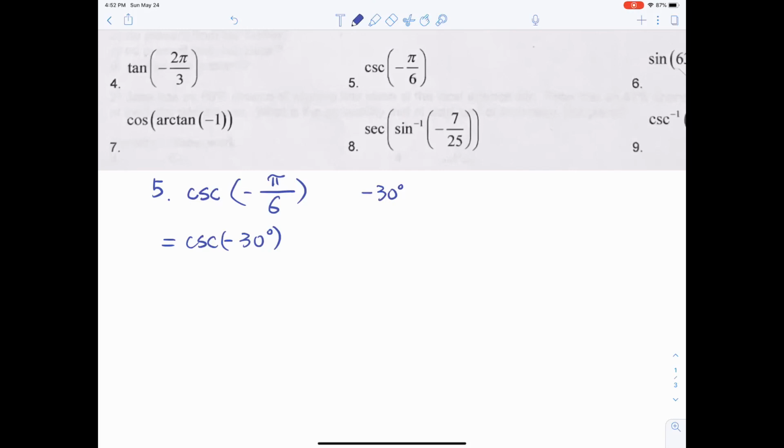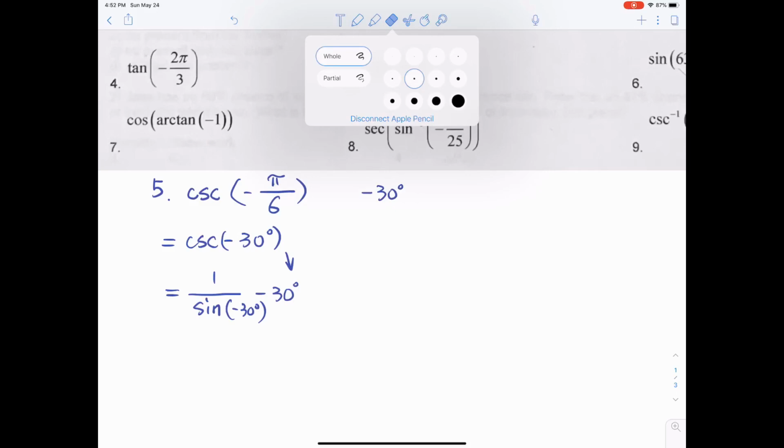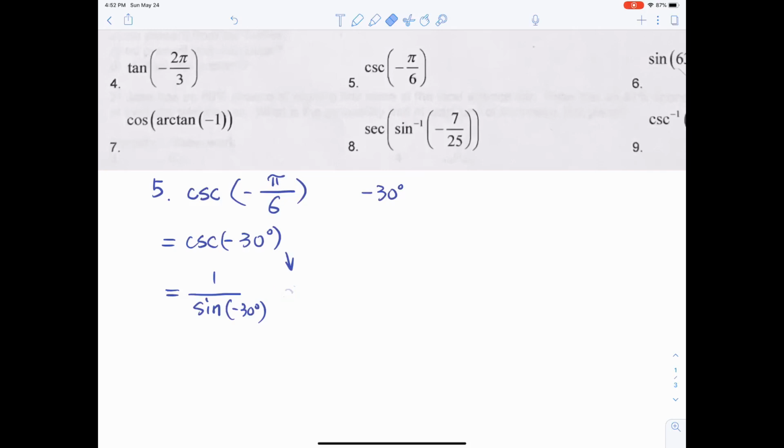Cosecant is the opposite of sine, right? This we know.